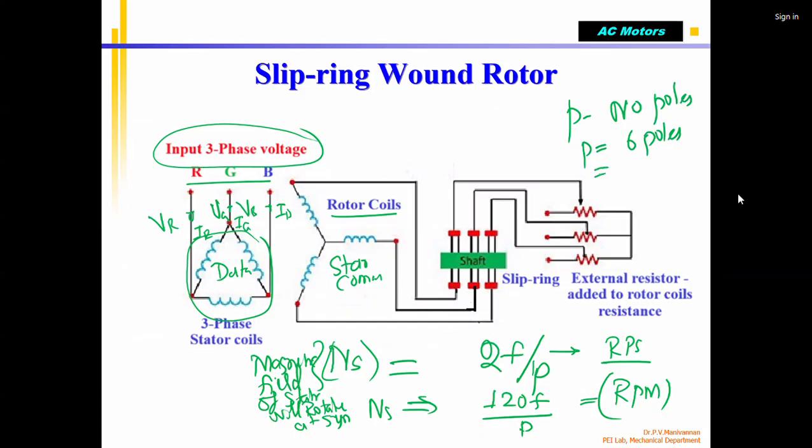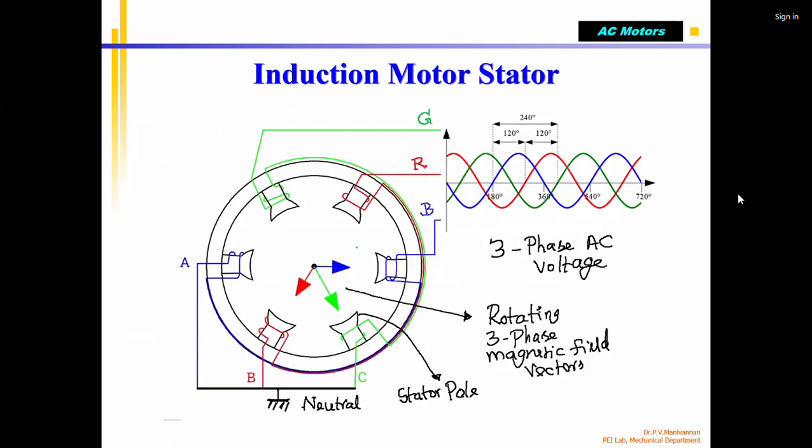If you supply frequency F, in India equal to 50 hertz, then NS for the 6-pole induction motor I showed previously is 120 into 50 divided by 6, which gives so many RPM.